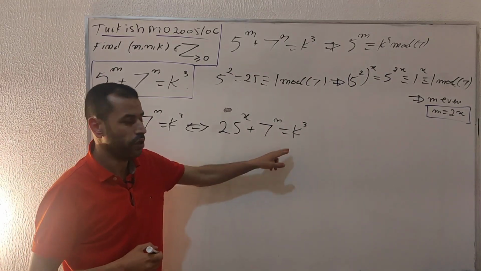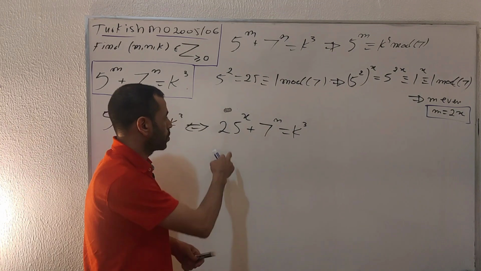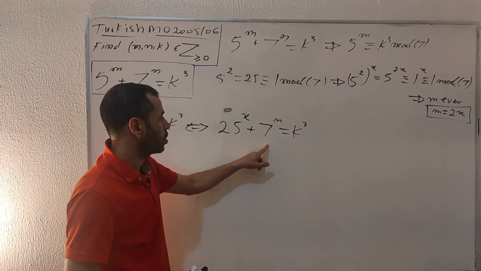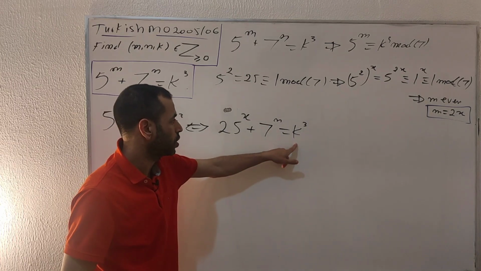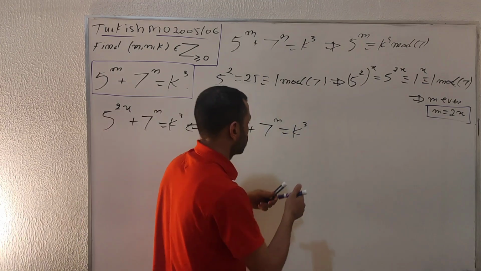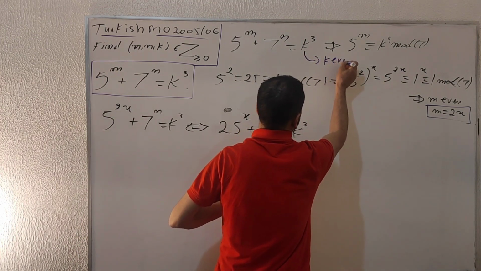So another nice thing here, if you take a look at this expression, this term is odd, this term is odd, which means the sum of these terms must be even, which means k cubed is even, which means k is even.